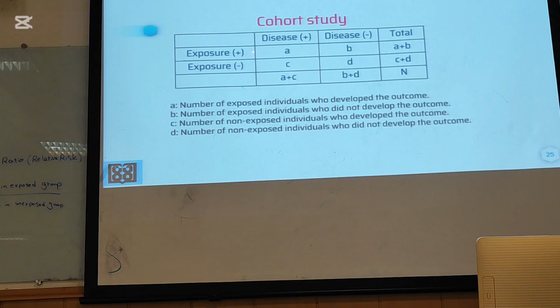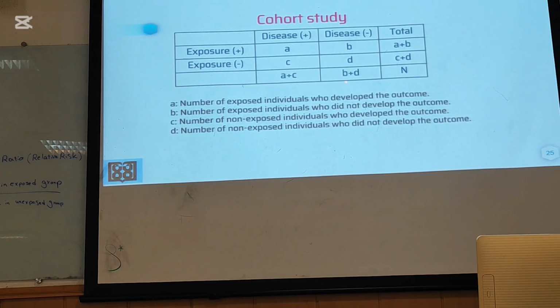A means number of exposed individuals who develop the outcome. B, number of exposed individuals who did not develop the outcome. Cell C, number of non-exposed individuals who develop the outcome. And D, what does it mean, D?